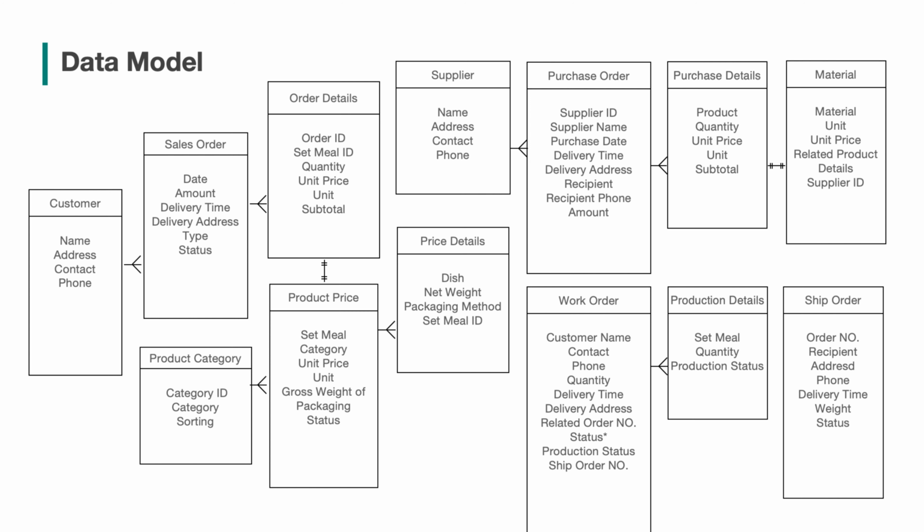Beyond the initial 8 data objects, 5 more emerge to enhance flexibility: product category, order details, price details, purchase details, and production details. For example, without order details, each order could only include one product, a clear inefficiency. The product category is introduced to allow customers to easily browse products by category, such as cold dishes, hot dishes, breakfasts, and set meals.